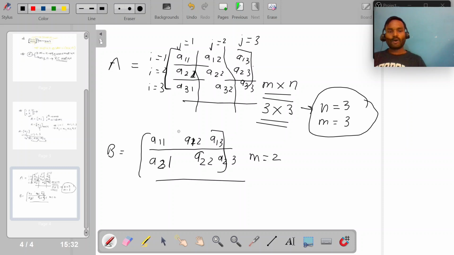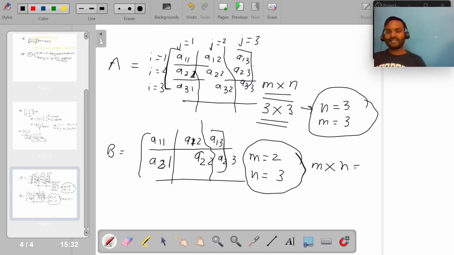The number of columns is 1, 2, 3, so n is equal to 3. So the order of this matrix is 2 cross 3.